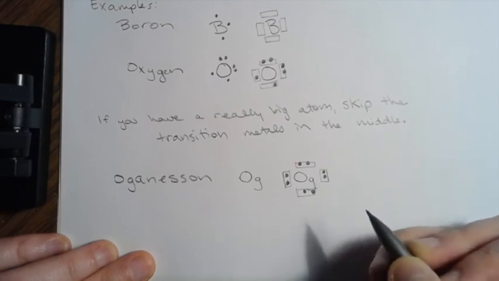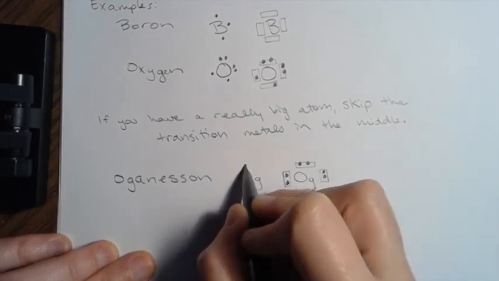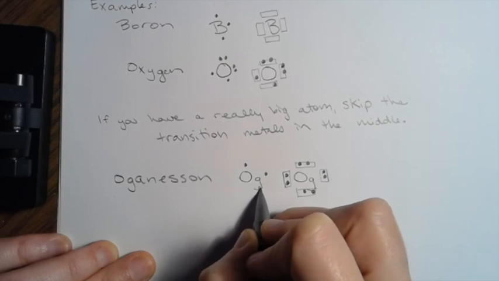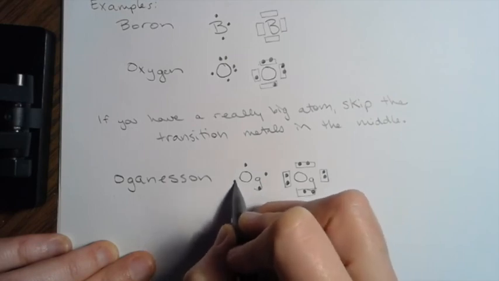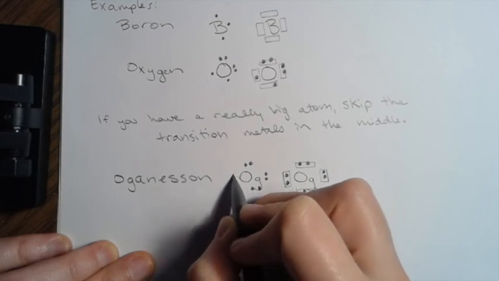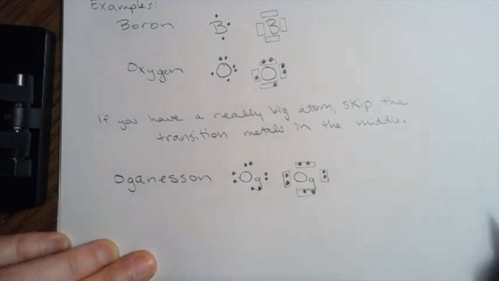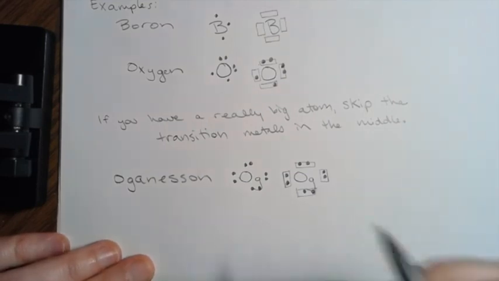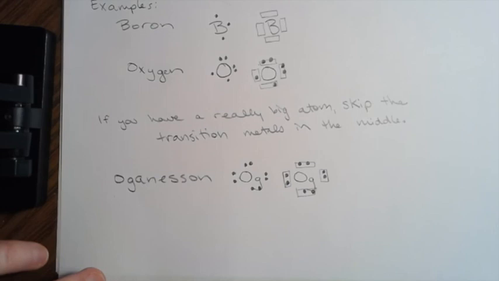There's your Lewis structure for oganesson. Even though the Bohr would be very difficult to draw, we just drew 2 Lewis structures right there. One with the boxes, one without the boxes. Both are totally fine. There's only 8 in the outer shell. Look at that.